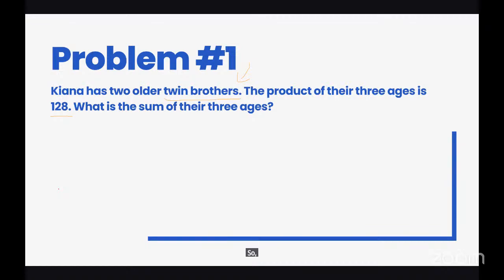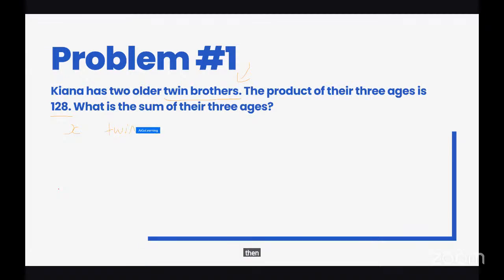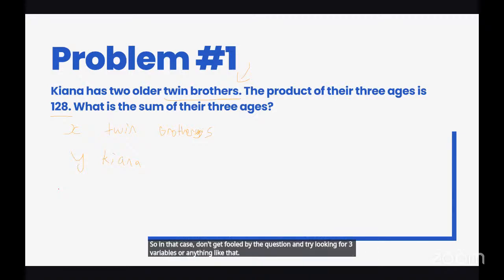Starting off, you see that you have twin brothers, which means they will be the same age. So if x is the age of the twin brothers, then we'll let y be Kiana. Don't get fooled by the question and try looking for 3 variables. That's one of the contest tricks.